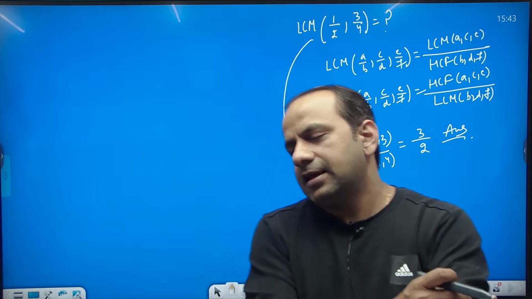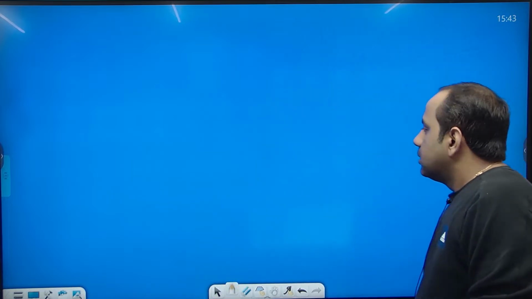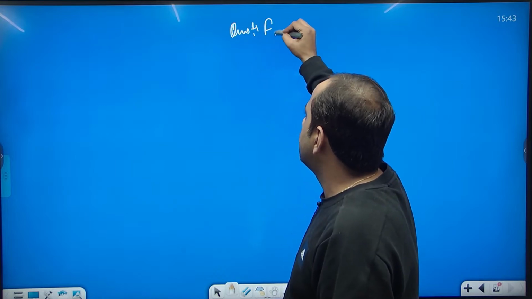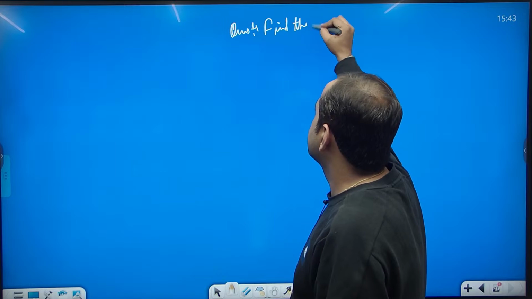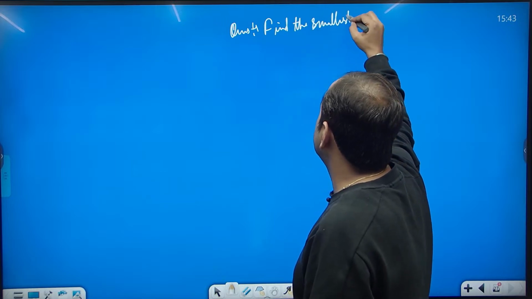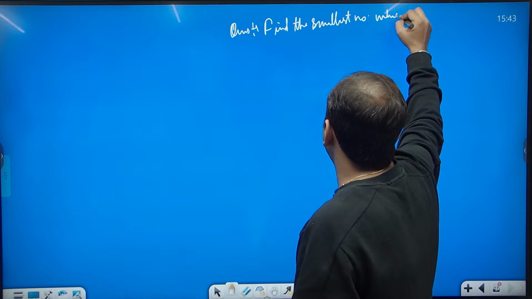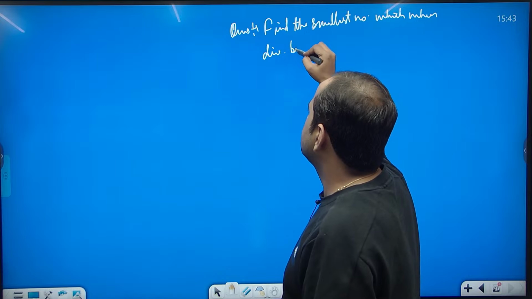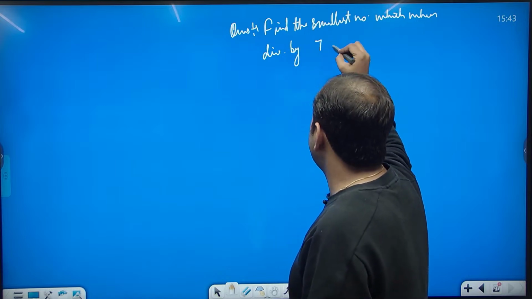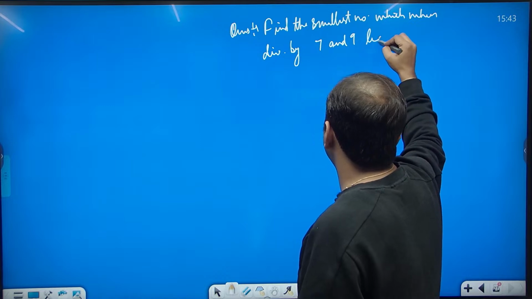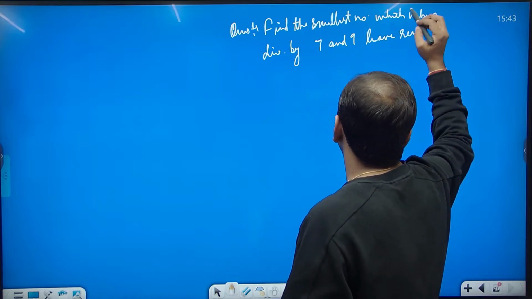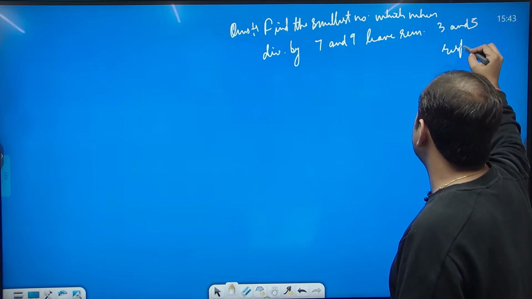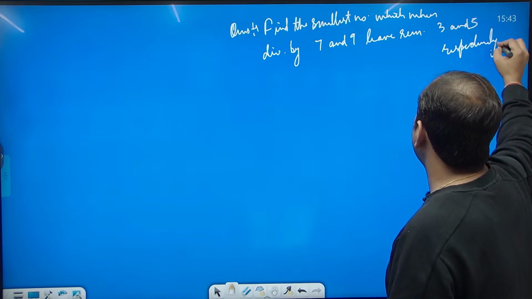Okay, let's try another question. If I say the question is you have to find the smallest number which when divided by 7 and 9 leaves remainder 3 and 5 respectively. So now you are not getting the same remainder in both the cases, but you are getting different remainders.